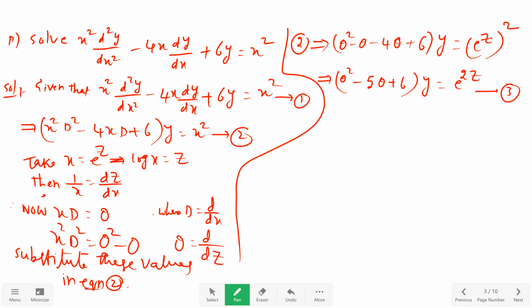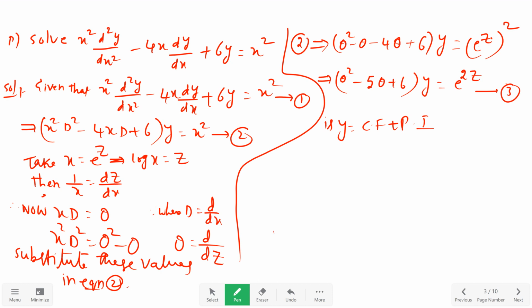The solution can be written as y is equal to complementary function CF plus particular integral PI. This is the solution for the second and higher order linear differential equation with constant coefficients.